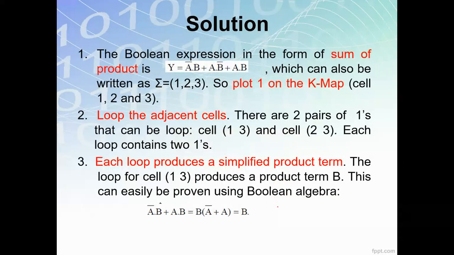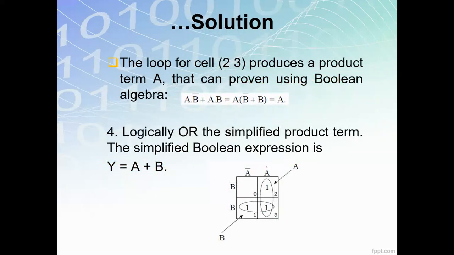So we can draw the Kmap here, with 1, 2, and 3. Once we have plotted the 1s in the two variable Kmap, what we need to do is draw the loops.